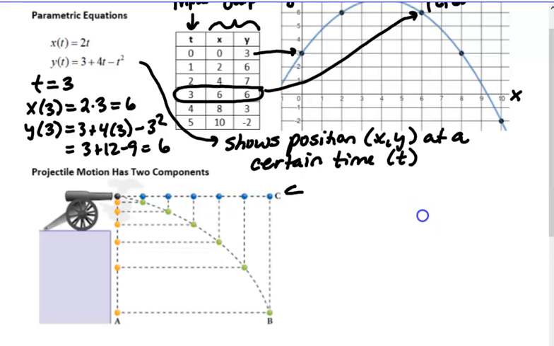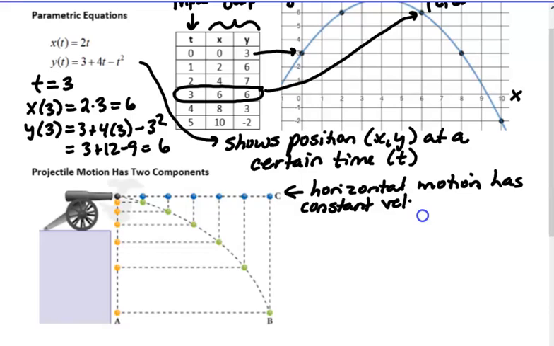There's the horizontal motion of the cannonball, which is constant. So the horizontal motion has constant velocity. If it were unaffected by gravity, it would just keep going the same amount of distance every increment of time, and it would keep going in the same direction.